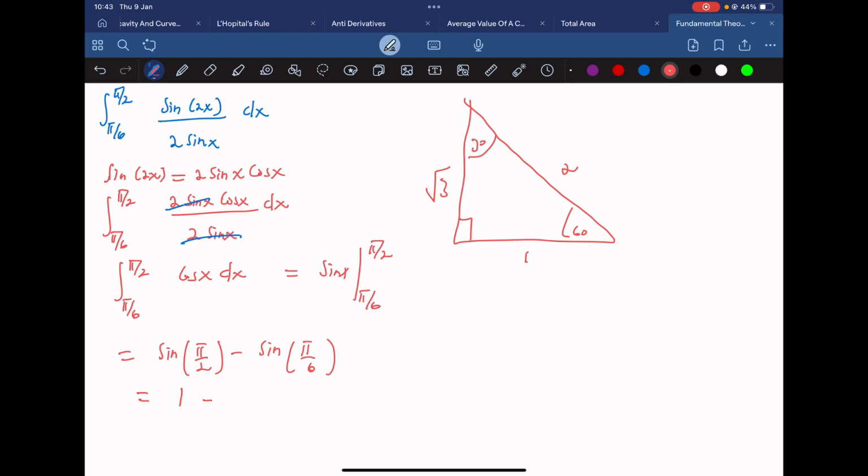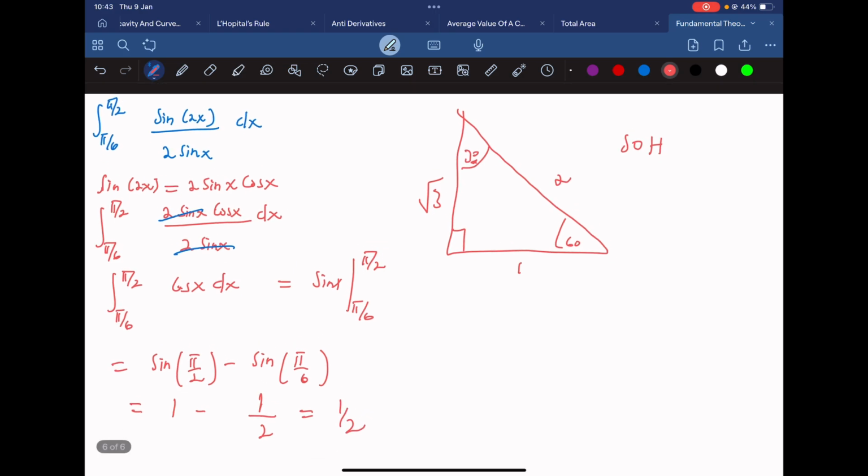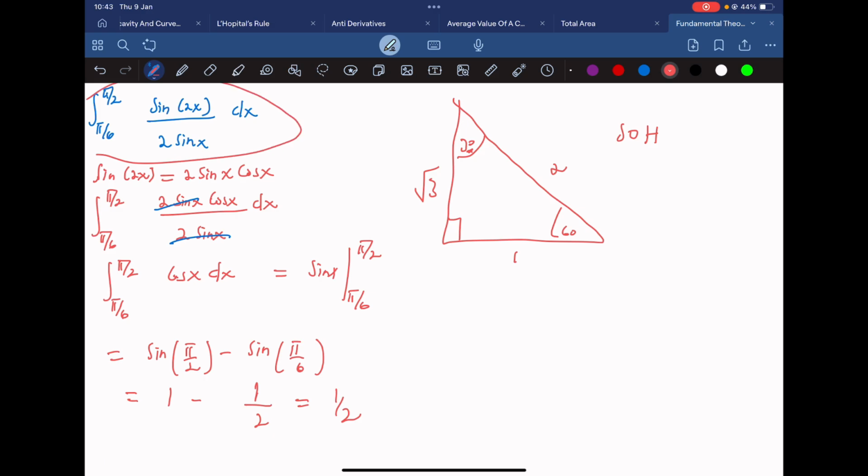So if you want sine of pi over 6, sine is opposite over hypotenuse. So this is pi over 6 right here. So what is the opposite of 30? We have 1 over, what is the hypotenuse? That is 2. So in this case, we have 1 minus 1 half, which is just 1 half. So if we integrate this expression, this is what we end up getting.